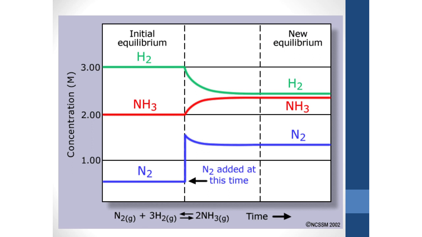Graphically, we can look at a concentration versus time graph and know when we've reached equilibrium. So here's an example of a reaction down here. This is the production of ammonia, which is a reversible reaction. And we see that we start off with some concentrations of nitrogen, quite a bit of hydrogen, and then we're creating our product.